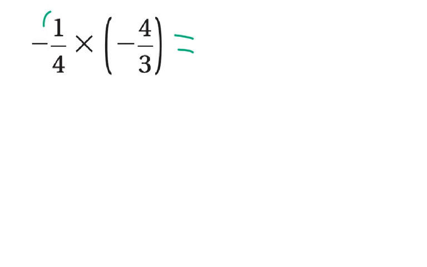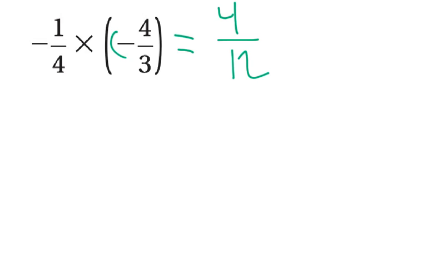So 1 times 4 is 4. And then on the bottom, for the denominators, 4 times 3, which is 12.